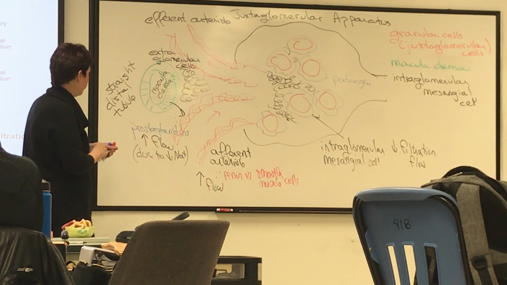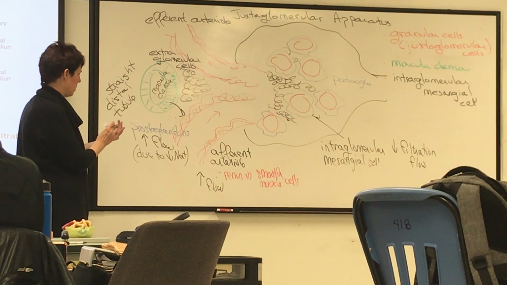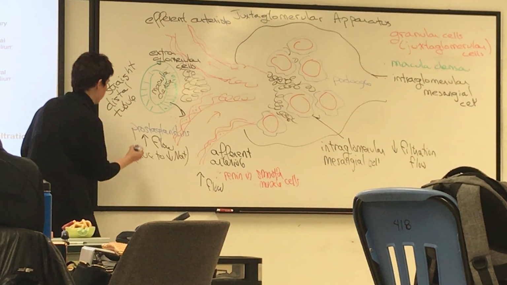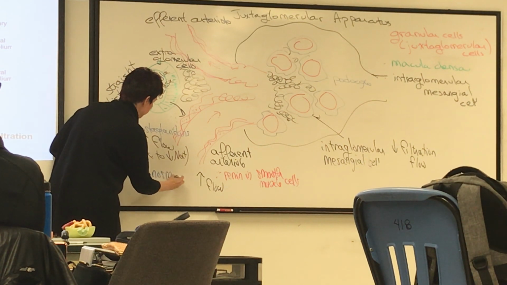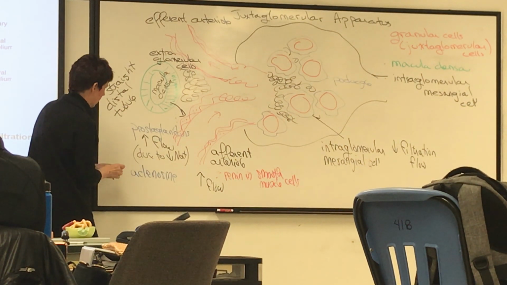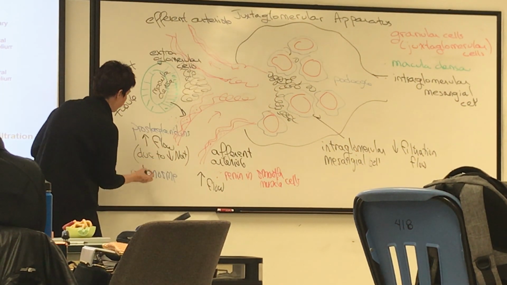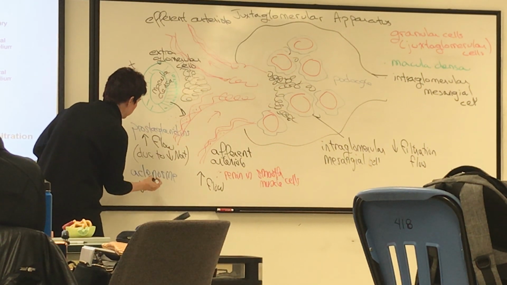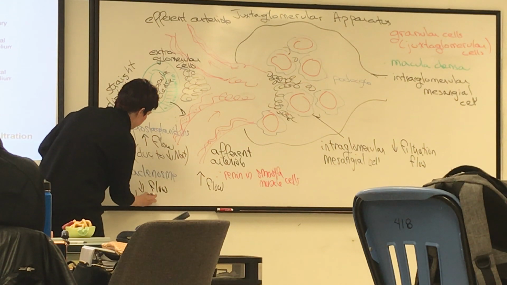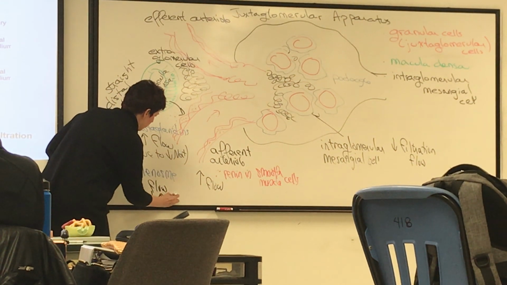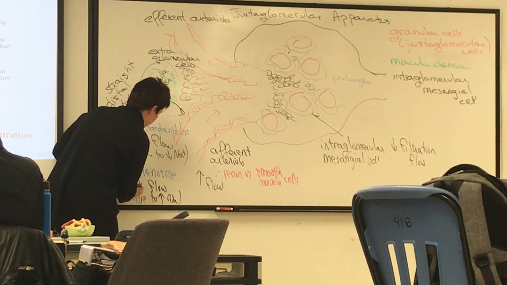So when that happens, the macula densa cells release adenosine. That's an amino acid. And that functions to decrease flow rate due to high sodium, okay?